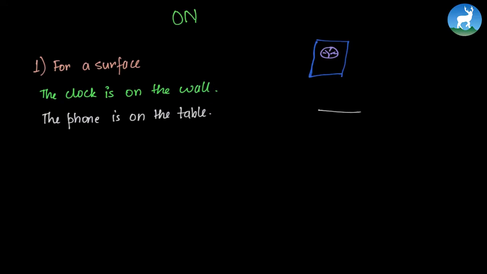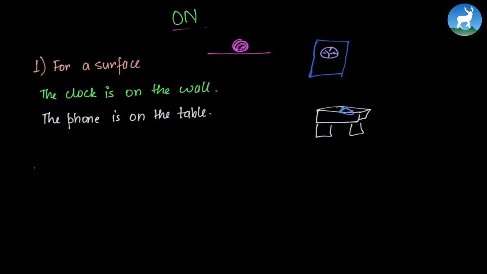Suppose this is a table and here is the phone. We can say the phone is on the table because it's on the surface. So what do we understand by these examples? If anything is on a surface, we use the preposition on.